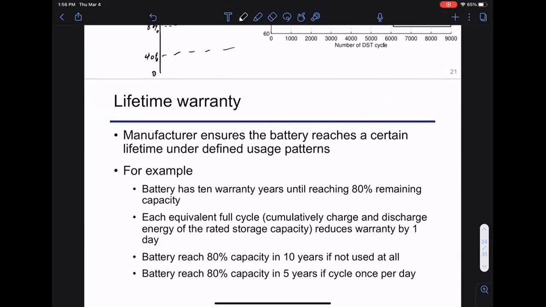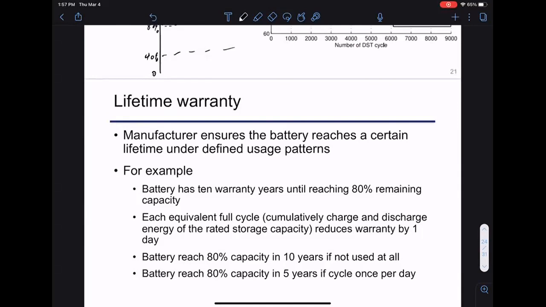If you go outside the limits of the warranty and the battery catches fire, it's your problem, not the manufacturer's problem. Normally people are very careful to operate within the lifetime warranty of the battery, but that can be very limited. You think you bought a big battery, but at the end of the day you may only have 20% of the battery to use.